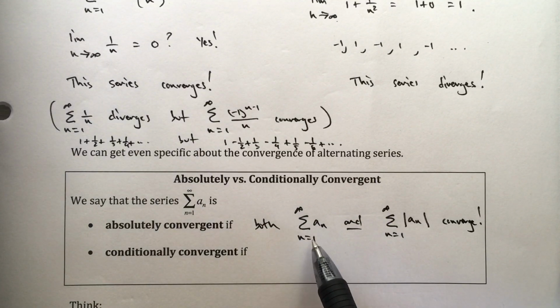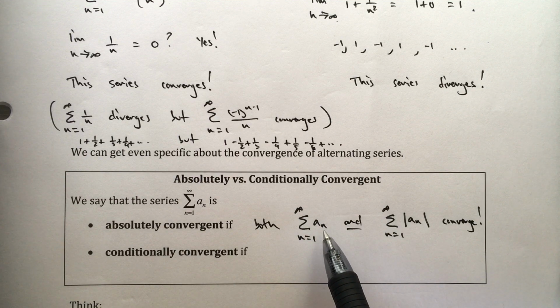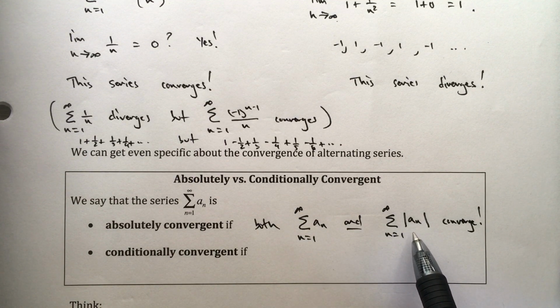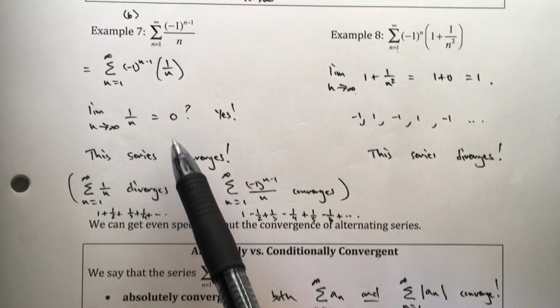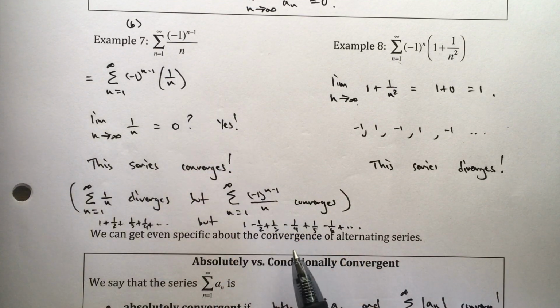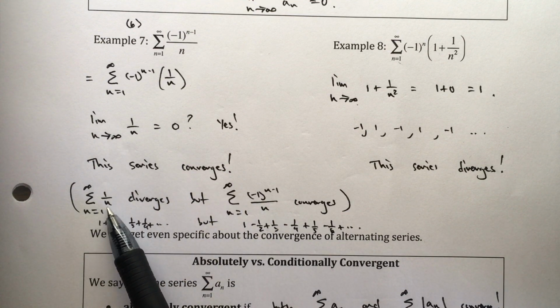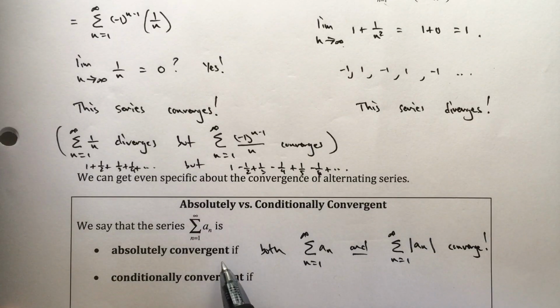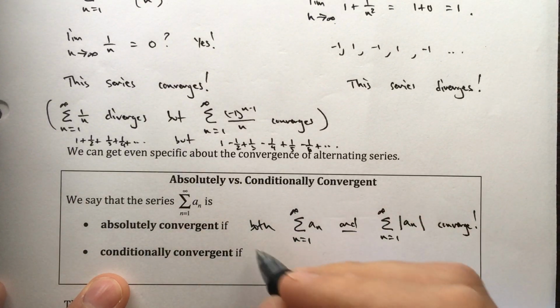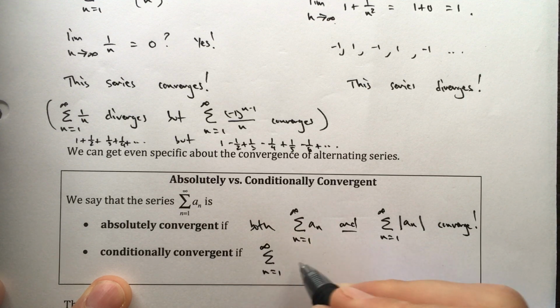That means that basically an alternating series doesn't depend on the alternating stuff. So this one right here, it does depend on the alternating business to converge, right? If we took the absolute value of this, we would get this, and that diverges. So absolutely convergent means that they would both converge. Conditionally convergent if we need the alternating stuff.